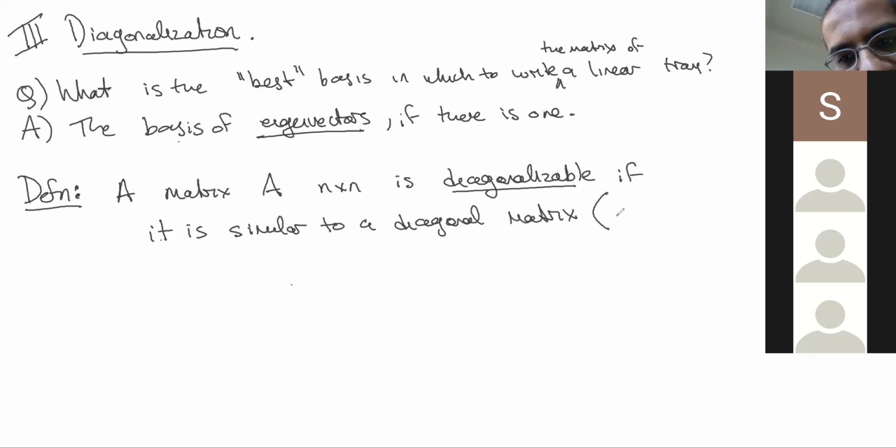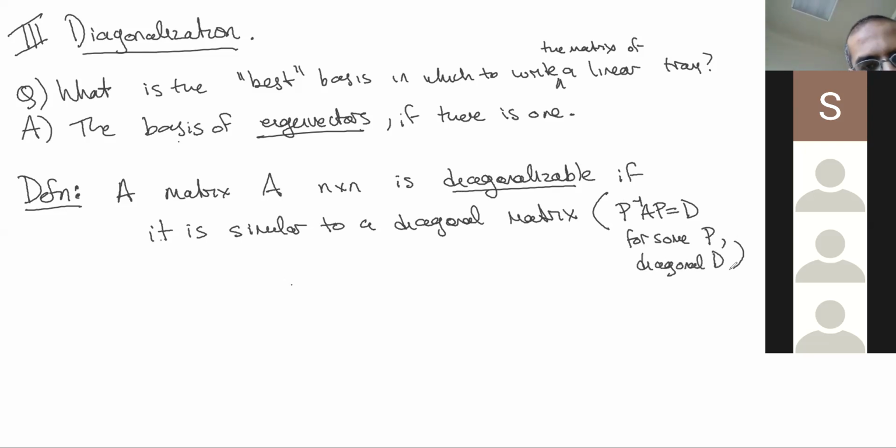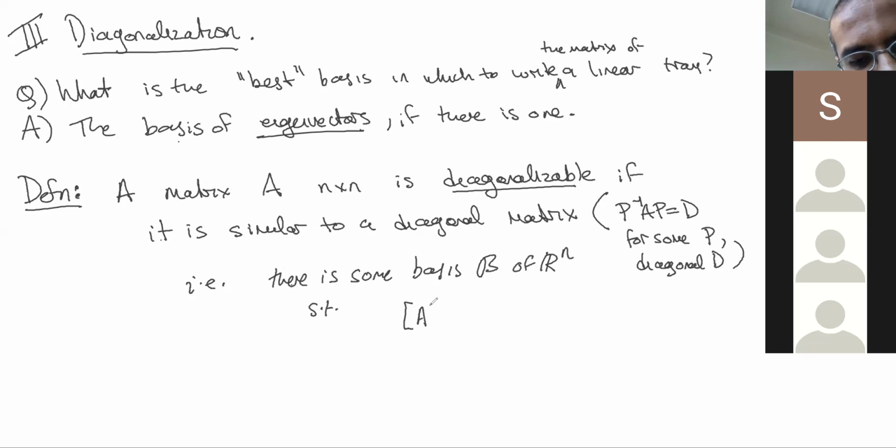Algebraically, that means that P inverse A P equals D for some invertible P and diagonal D. And conceptually, it means that there is some basis of Rn such that the matrix of A in that basis is diagonal.